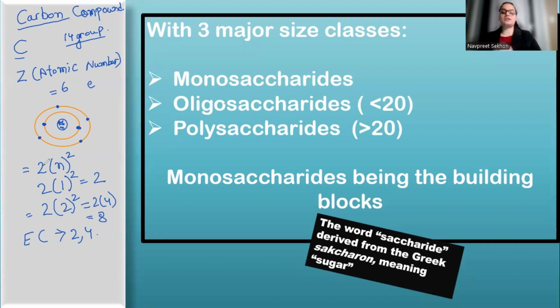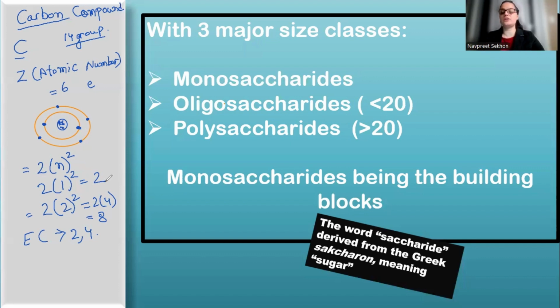So just coming back to the topic, our carbon has atomic number 6, which means it has 6 electrons, 6 protons. The 6 protons lie within the nucleus in the center, and the electrons are arranged in the energy shells according to the formula 2n square. The first shell is filled to its capacity, which is a maximum of 2 electrons.